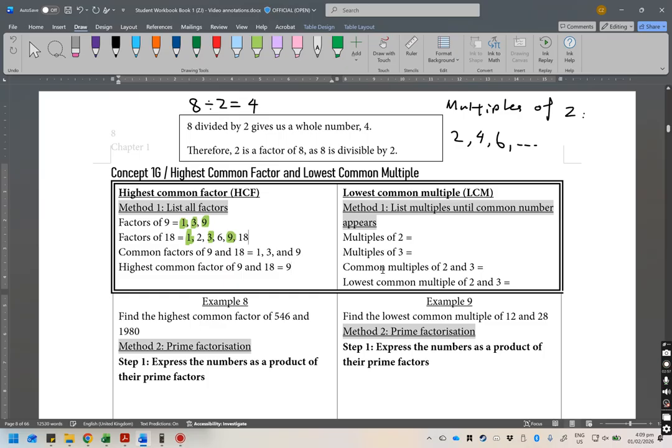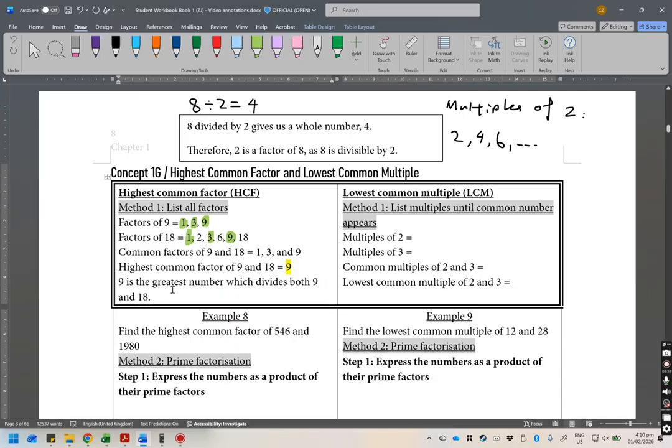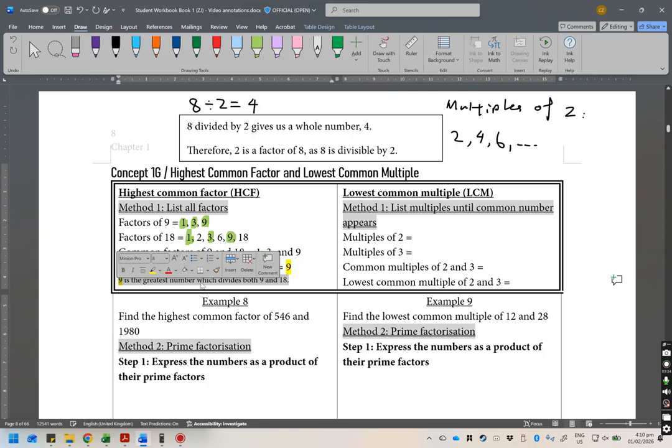Okay. So 9 will be the highest common factor of 9 and 18. Therefore 9 is the greatest number which divides both 9 and 18. This is just another way to phrase it. There are multiple ways to phrase it.